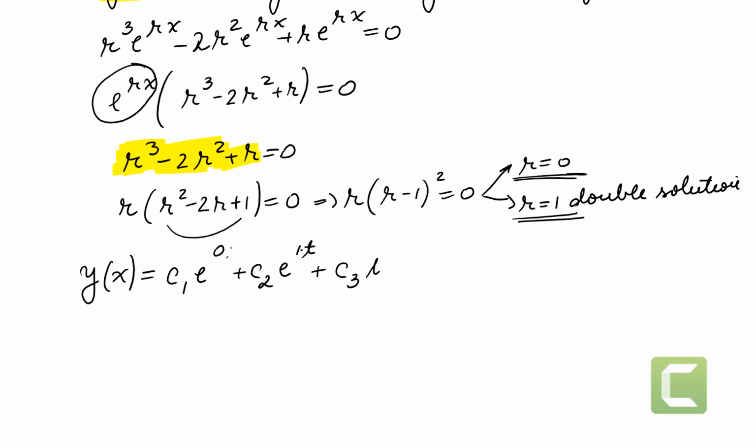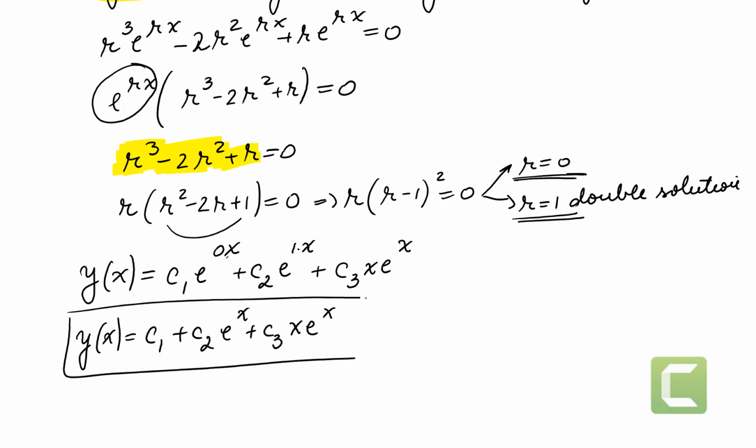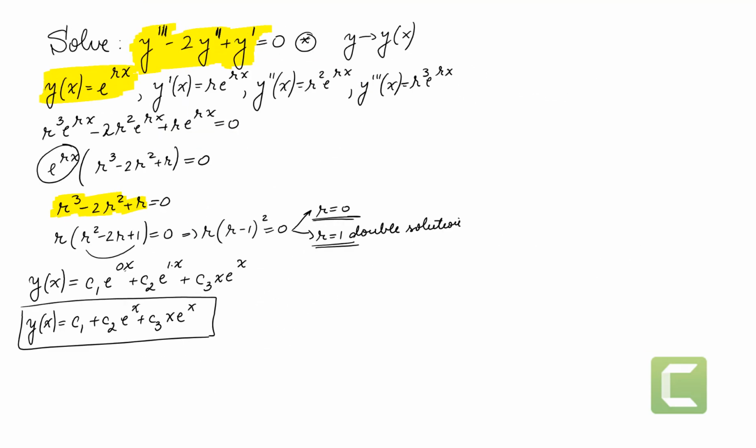It's y of x, so it's e to 0x, then e to 1 times x, and then c3 x e to x. So basically, y of x equals c1 plus c2 e to x plus c3 x e to the x. That is the general solution, or the solution to the homogeneous equation star.